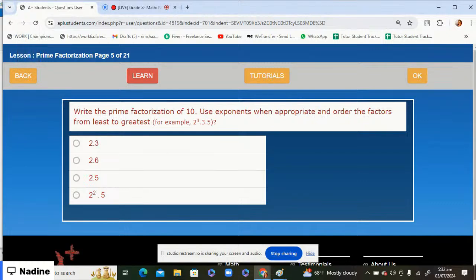So 2 times 5 is 10. This is easy. There is no power, no anything else, okay?